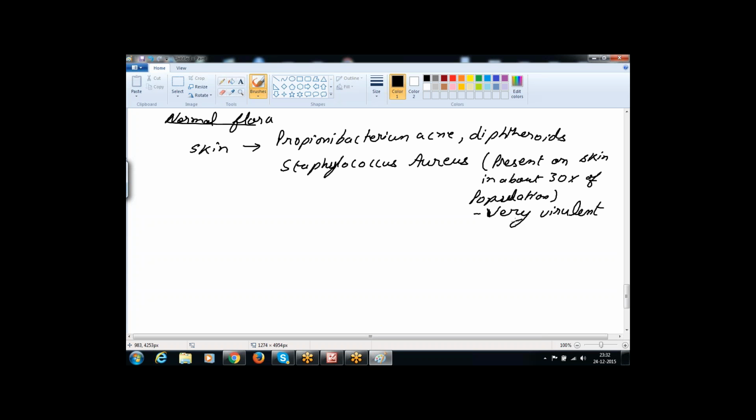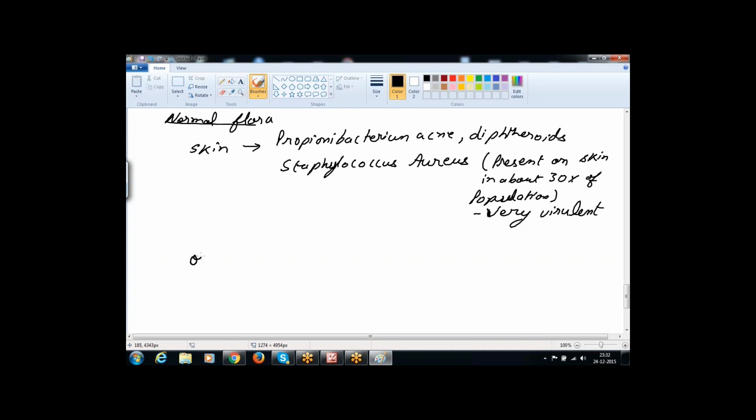So while on skin it is normal flora, but if it gets access to underlying tissues through cuts, wounds or injuries, then it will cause problems. So it is very virulent, causing diseases only if it happens to enter into the body. On the surface, it is not doing anything.